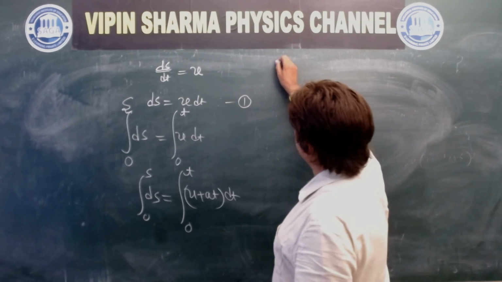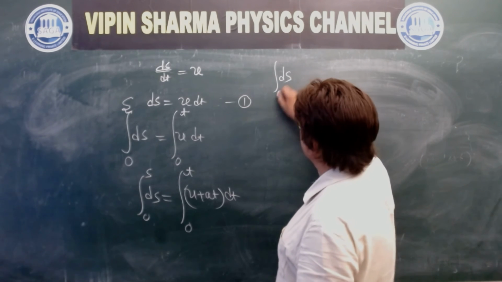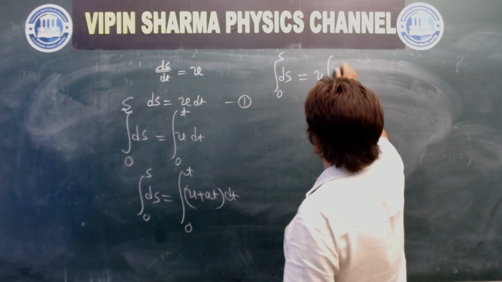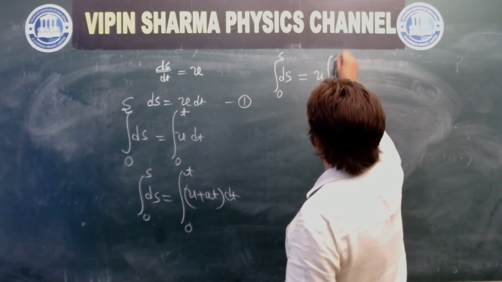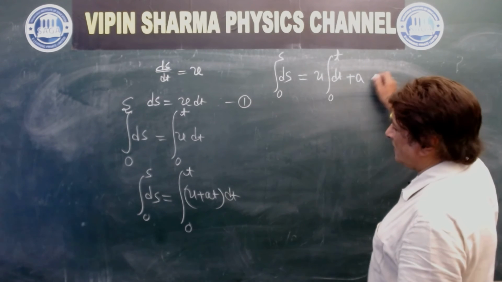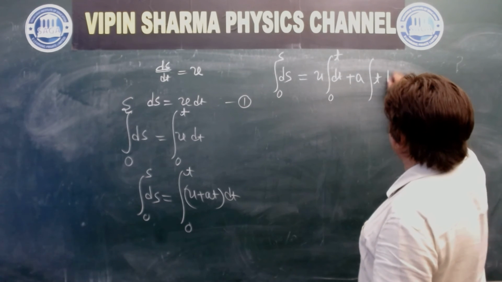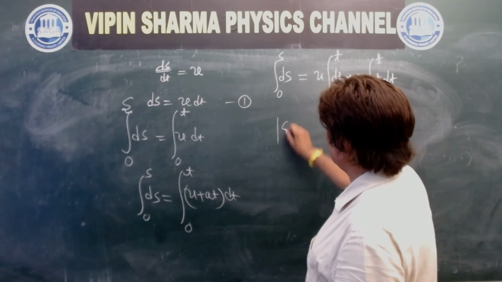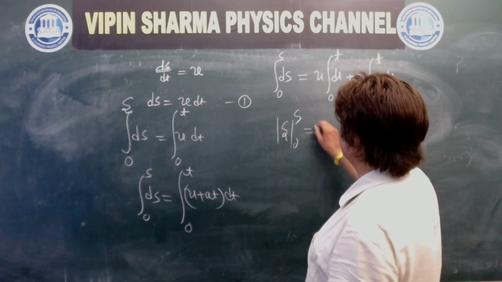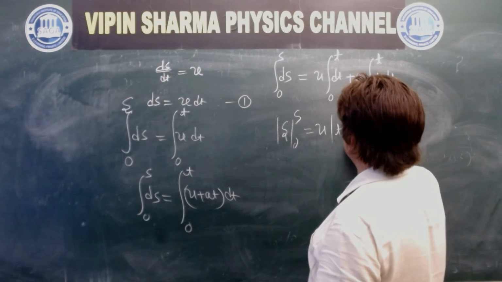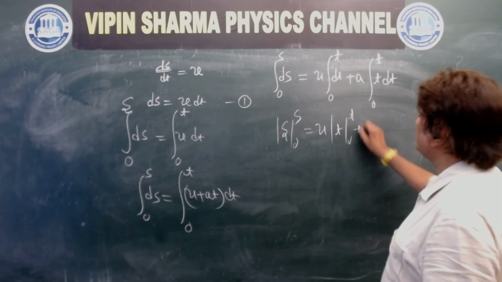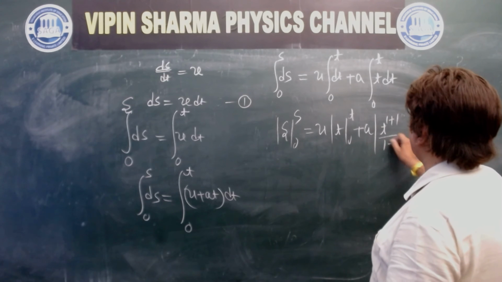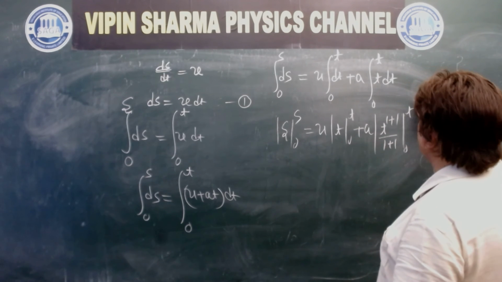Now students, integration of ds from 0 to s, u is constant initial velocity, from 0 to t, a is constant, t dt from 0 to t. Integration of ds is s from 0 to s, u dt is t from 0 to t, a times t to power 1 plus 1 upon 1 plus 1, from 0 to t.